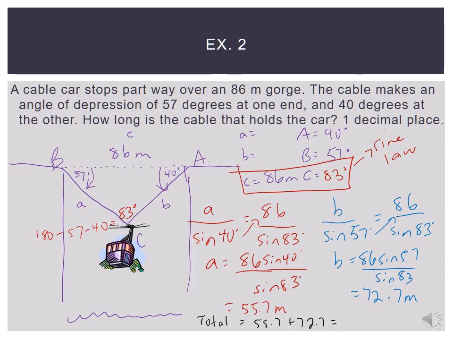So use your calculator, 72.7 plus 55.7, and hopefully you get 128.4 meters. And then don't forget, therefore statement. I don't have much room left here on my slide, so I'm just going to write therefore and you fill in the rest. Something like therefore the total length of the cable is 128.4 meters.